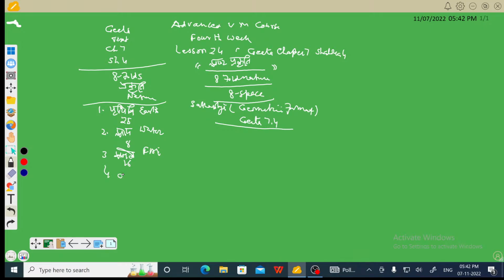Fourth is Vayu, TC value 13, it is air. Fifth is Kham, Akash, TC value is 12, it is space.